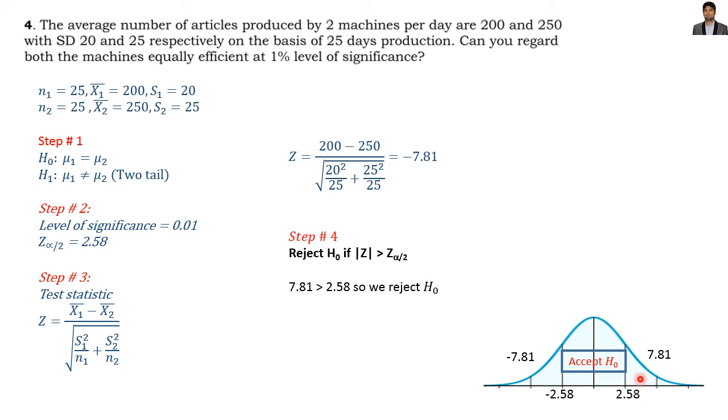If the value of test statistic falls in this region, we will accept H0. So minus 7.81 is clearly outside this area, so we reject H0, or reject H0 if absolute value of Z is more than Z alpha by 2, and here 7.81 is more than 2.58, so we reject H0.